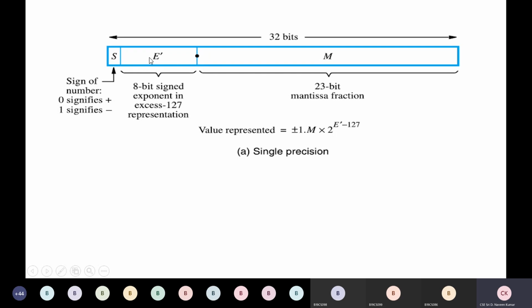But we want to store positive exponents and negative exponents also, because exponents can be positive and negative. The powers can be -4 or maybe something like +4.